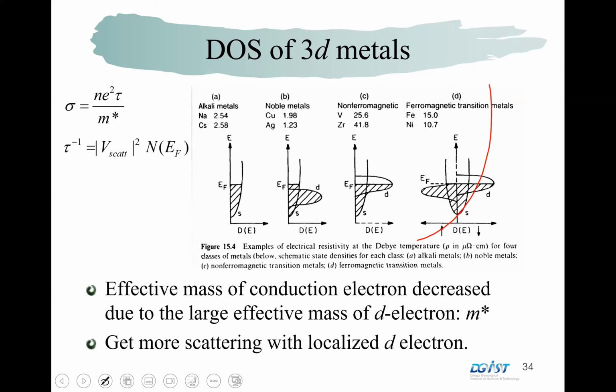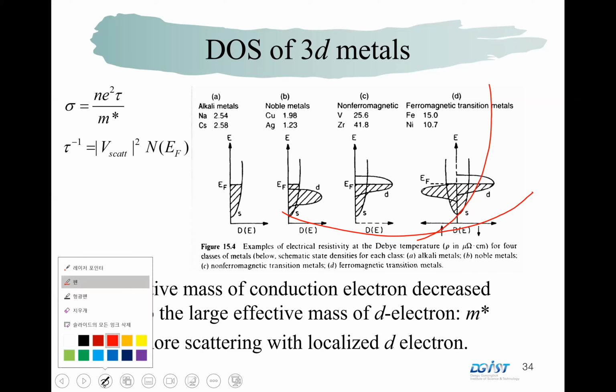And the D bands are usually localized, so they are usually very flat bands. A flat band means the density of state is high, and S and P bands have a small density of state.